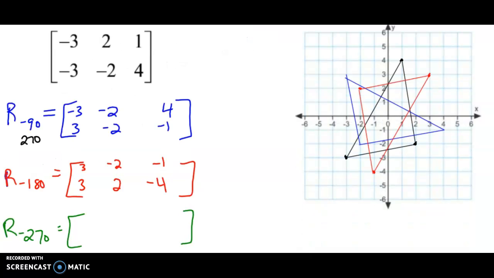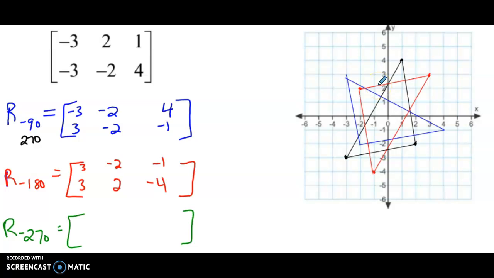All right, if we look at the red image, we can see that that was a rotation of negative 180 degrees. So from our original triangle with the black pin there, we flipped it completely around 180 degrees to get to the red one.